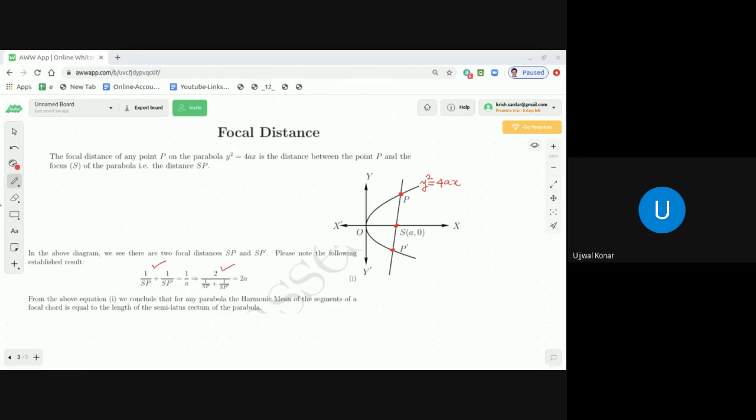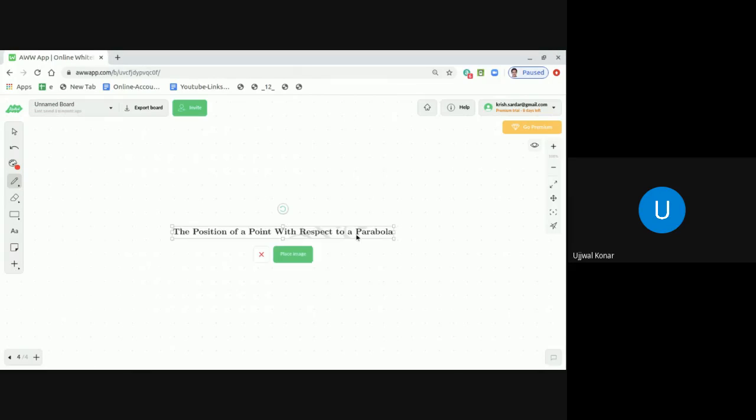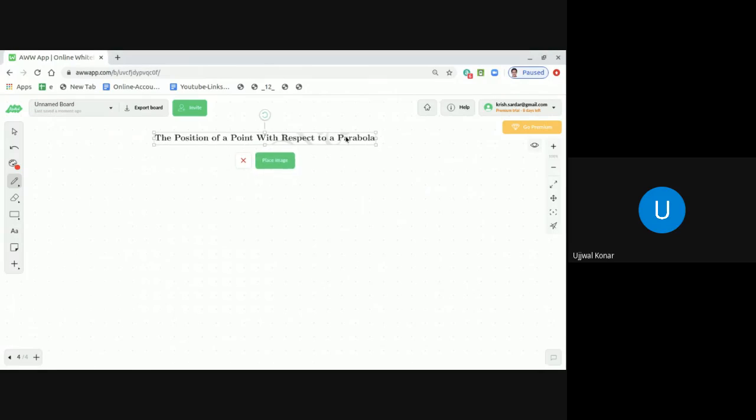So this is all about the focal distance, dear students. Now, what we are going to discuss is the position of a point with respect to a parabola. Okay, so let me show you that by means of a diagram as well, what is meant by the position of a point with respect to a parabola. Suppose a parabola is given to you.